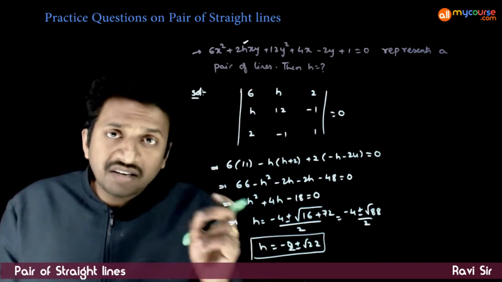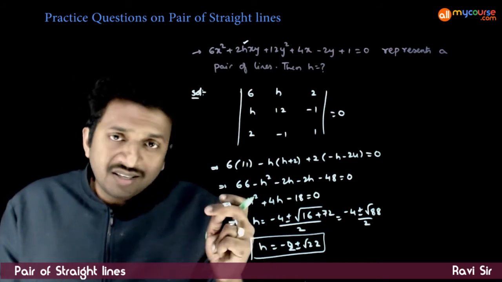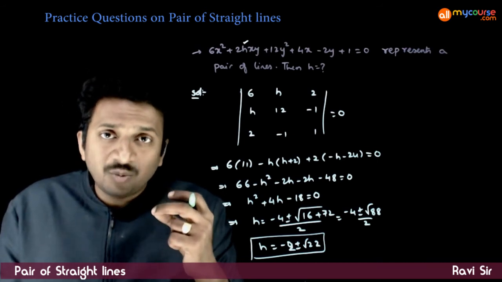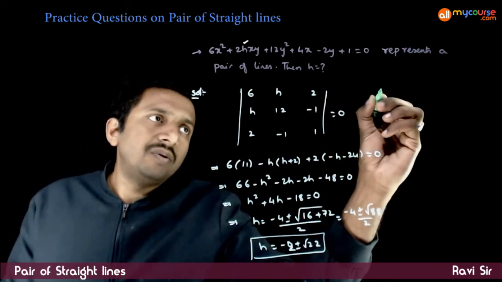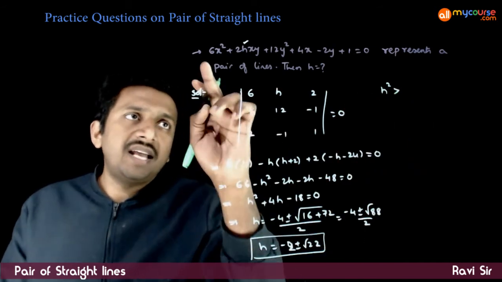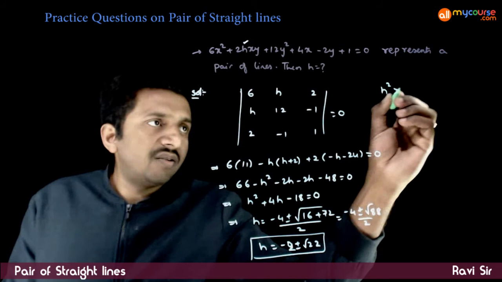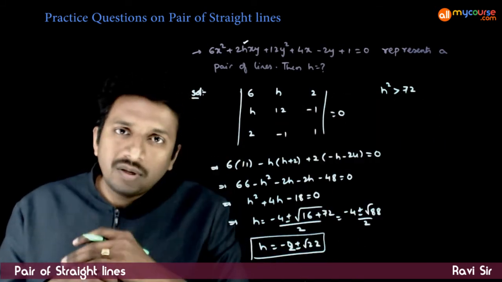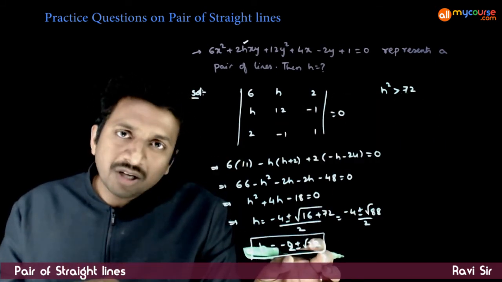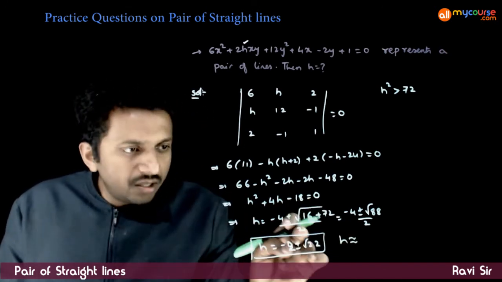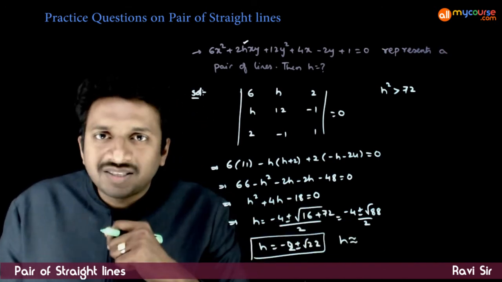But the other condition which needs to be valid is h² greater than ab for the lines to be real. So h² has to be greater than a times b, which is 12 times 6, 72. Approximately, √22 is something like 4.7.